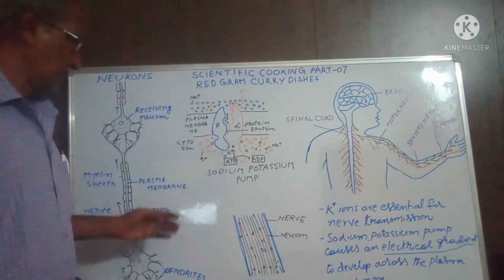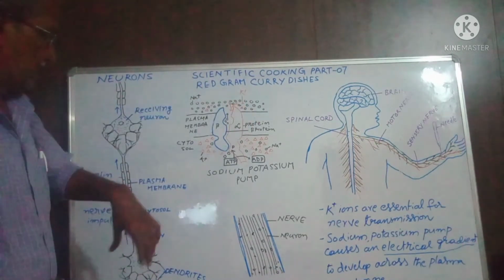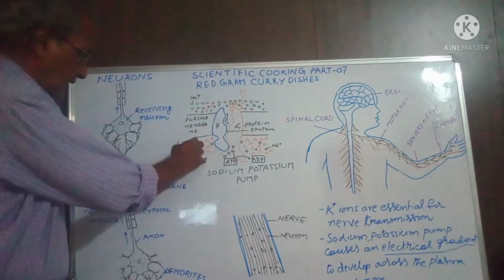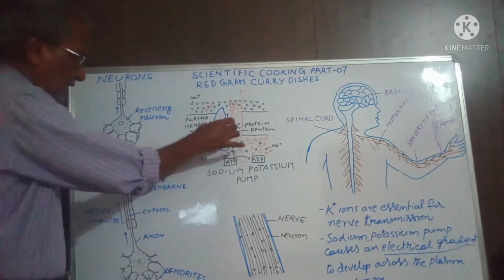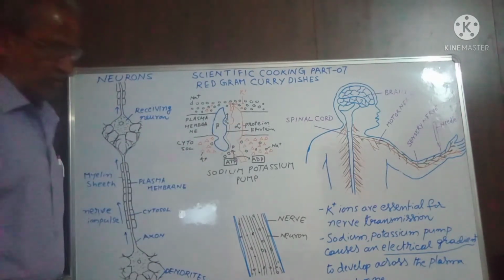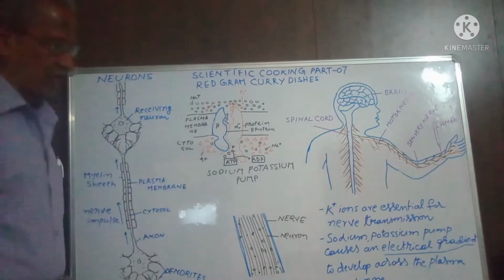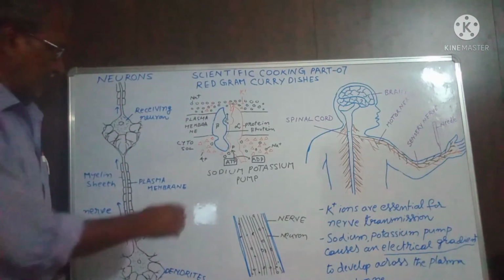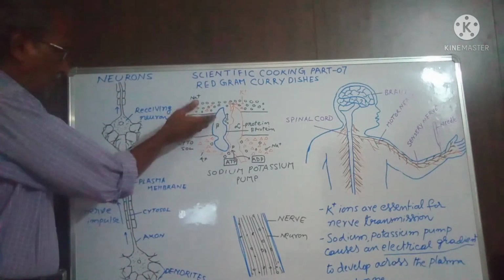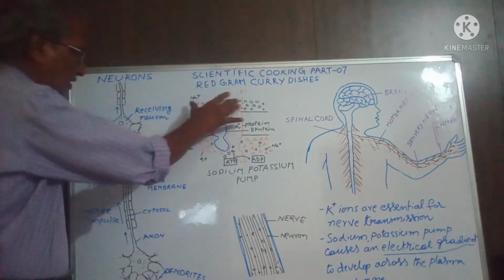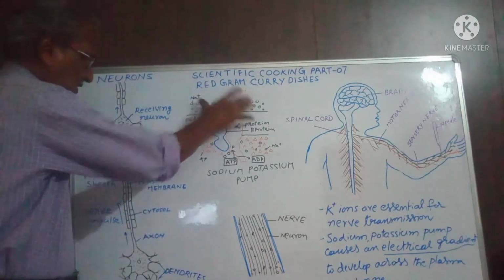Let us see what the sodium potassium pump is. Here, this is the plasma membrane and this is the cytosol, that means cytoplasm. The plasma membrane contains two proteins, alpha protein and beta protein. On the surface of the plasma membrane, sodium ions are very rich.